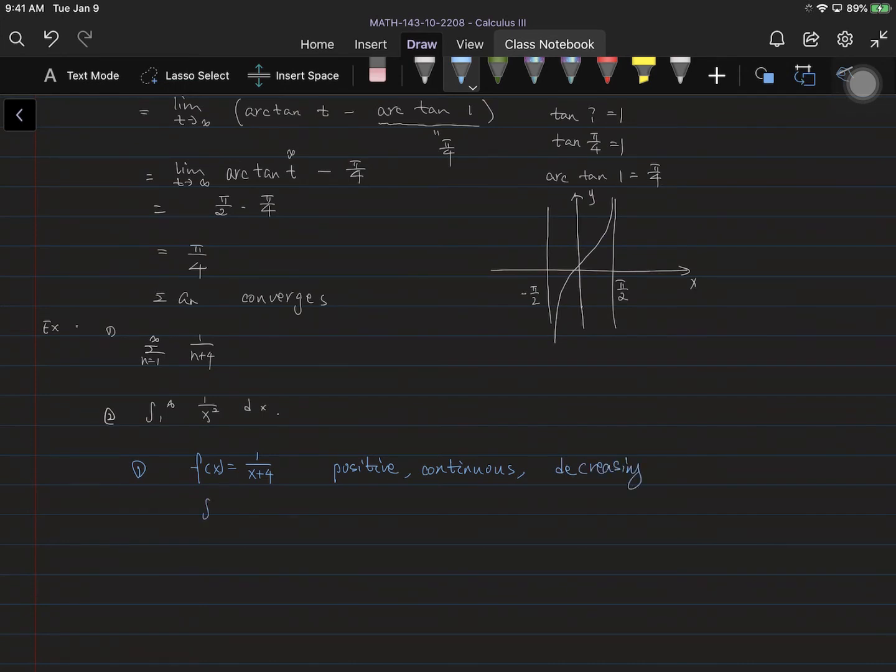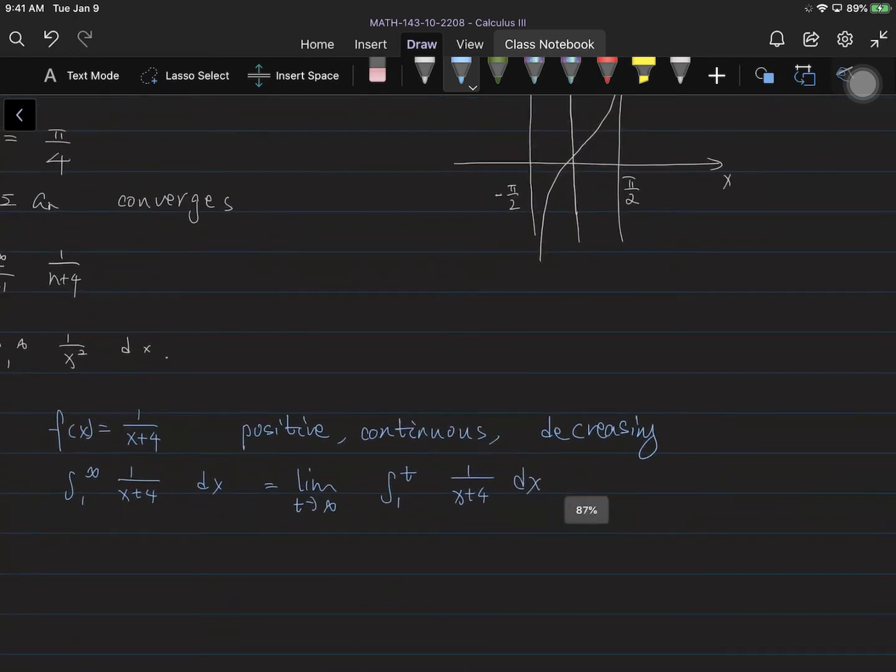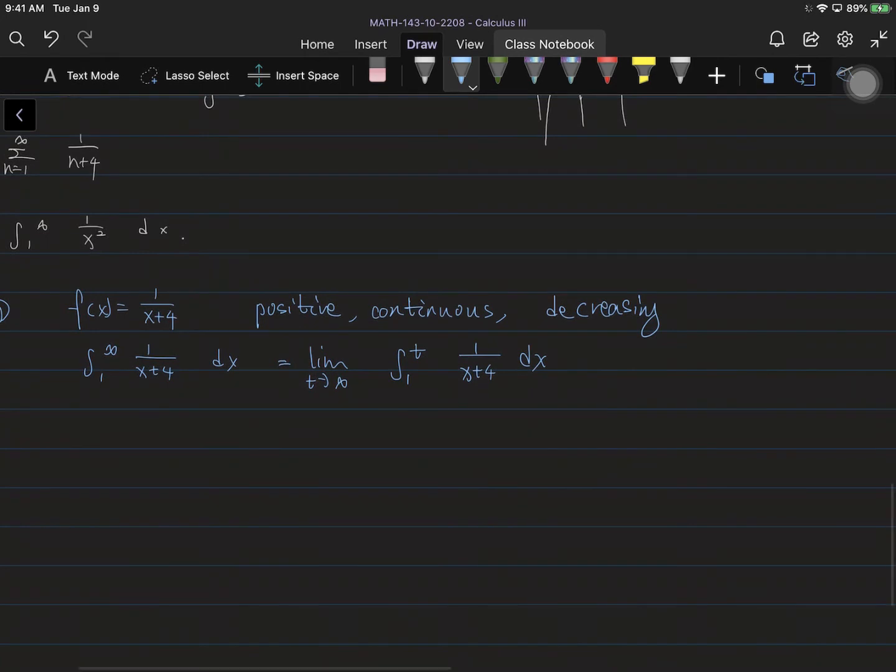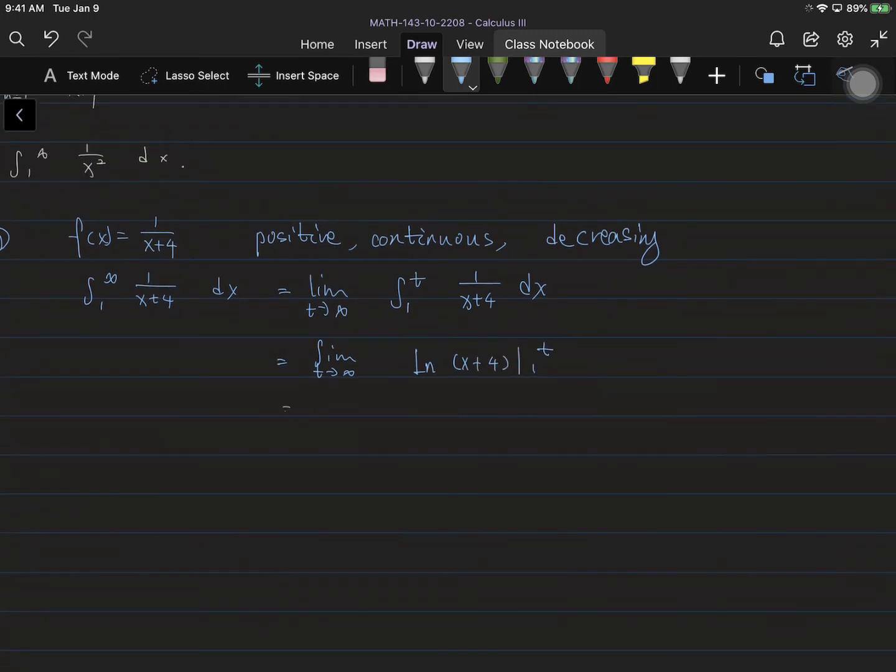So we set up the improper integral from 1 to infinity of 1 over x plus 4 dx, and we turn this into a proper integral from 1 to t of 1 over x plus 4 dx, and then evaluate this definite integral, t goes to infinity, and this integral is natural log of x plus 4, from 1 to t, and plug in the bounds.